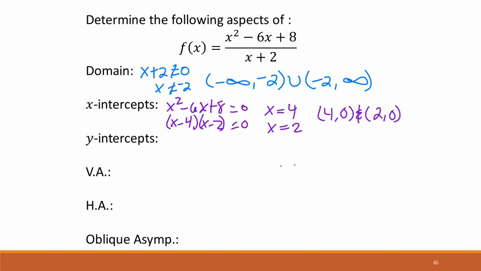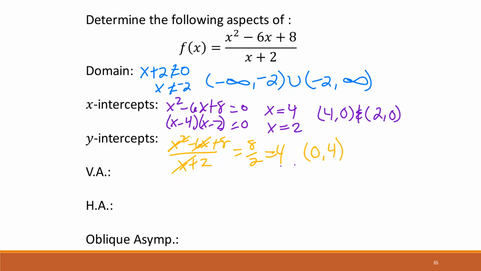So our x-intercepts are 4, 0 and 2, 0. Then the y-intercept: if we look at x squared minus 6x plus 8 over x plus 2, the x terms will zero out and we'll be left with 8 over 2, which is 4. So our y-intercept is 0, 4.